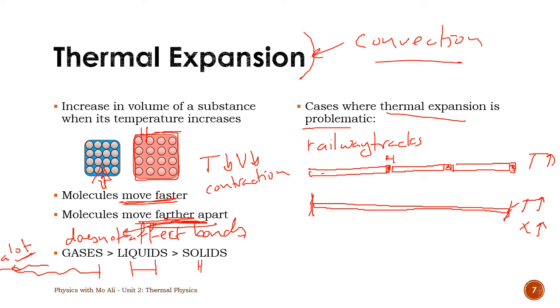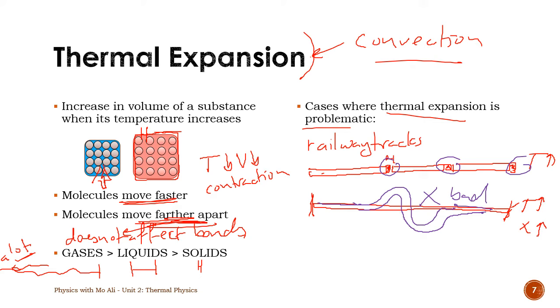So if you do not allow a railway track to expand, it will expand by force. Like it'll expand even if you don't want it to. But instead of expanding and filling up gaps like it did here, nope. It expands and it starts to deform and curl like this. It's not good. This is really bad. Because this means that any train that tries to move over that track is going to derail.